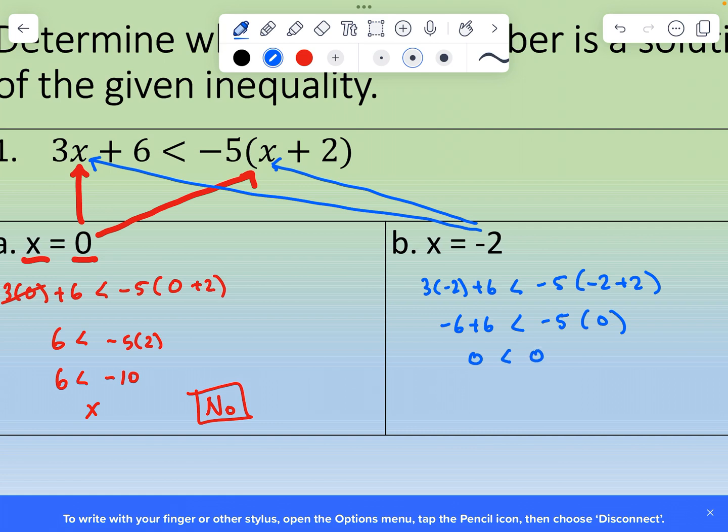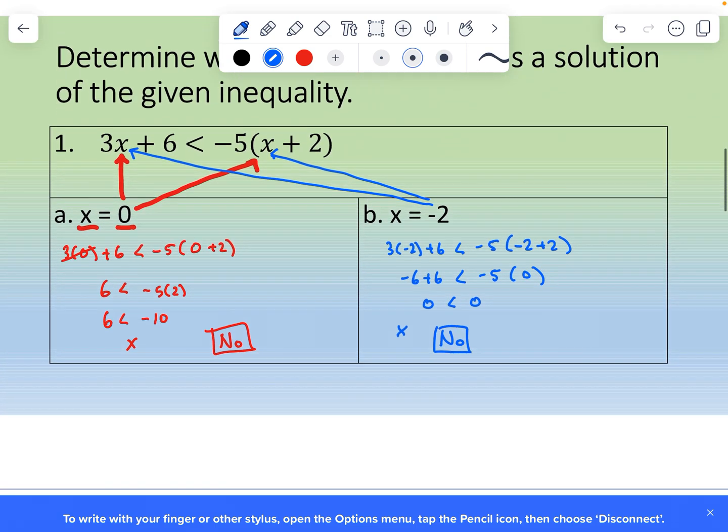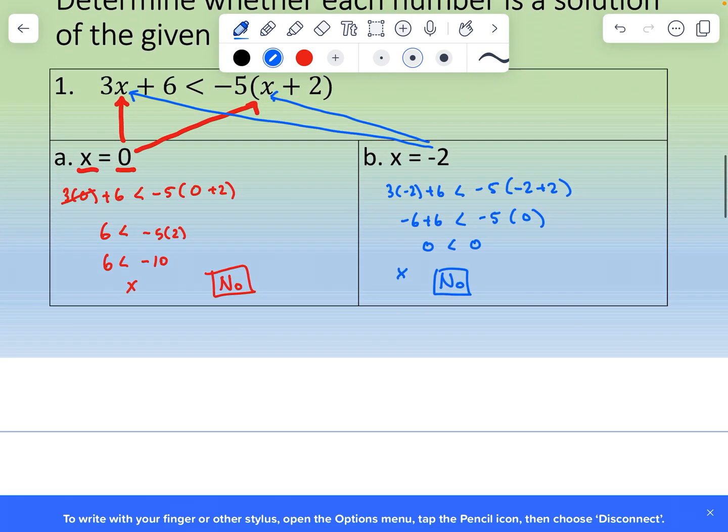So in that case, we would get another no, because 0 is not less than 0. It's less than or equal to 0. All right, so that's how you do number 1 when it says determine whether the number is a solution or not.